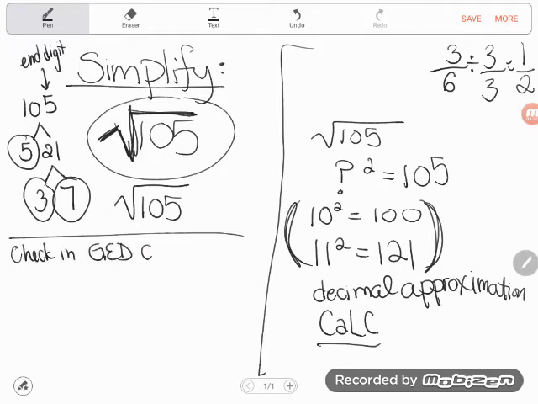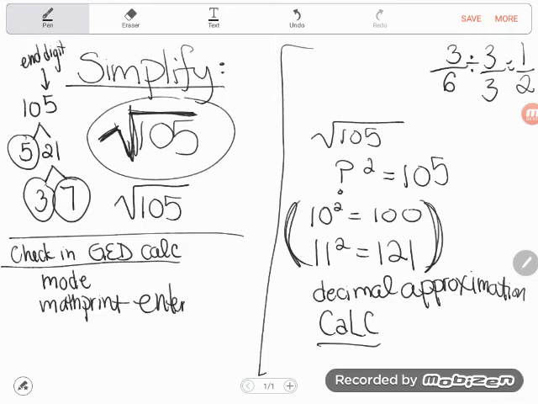I would not expect you to have to simplify these by hand on the GED without a calculator. I've never seen that, but it could happen, I suppose. So I'm going to press mode. I need to be in math print mode, so I'm going to arrow down to the bottom row where it says math print, overwrite to math print, and press enter to select. Now I'm going to press clear to get out of the screen.